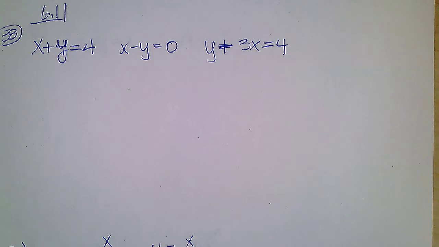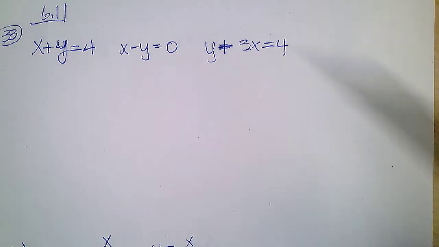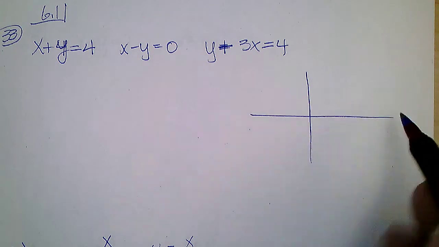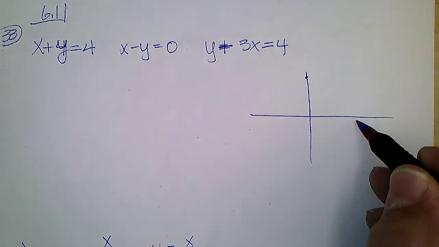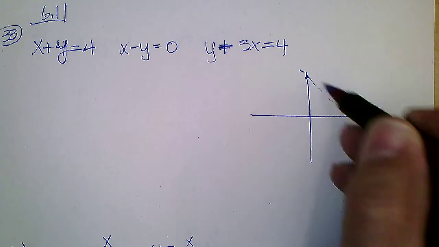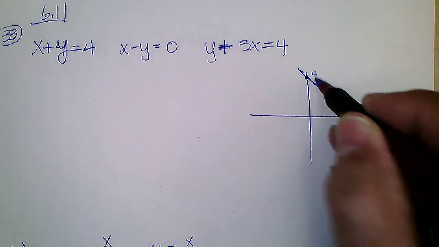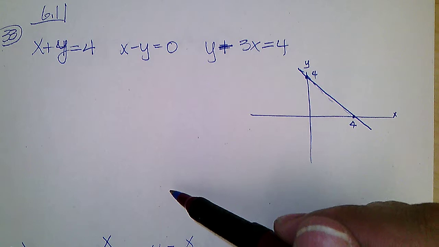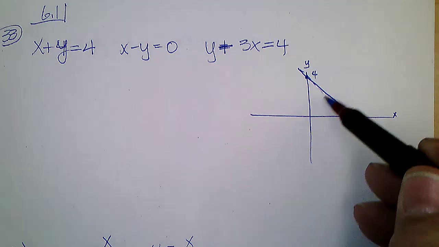Problems from 6-1. First one says find the area enclosed by these three graphs. So I'm going to make a graph of this. And so x plus y equals 4 would go through (0, 4) and (4, 0). x minus y would be, add y to both sides, and get y equals x, which is this line.